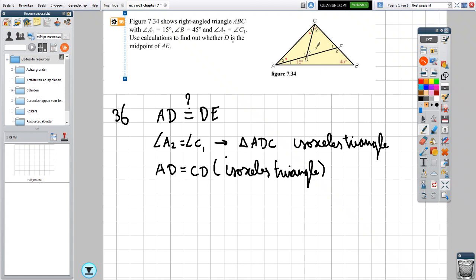How can I show that? Well, let's take a look. Can I calculate angle E1? I think I can, because angle E2 is 180 minus 15 minus 45 equals 120. Angle sum, triangle.